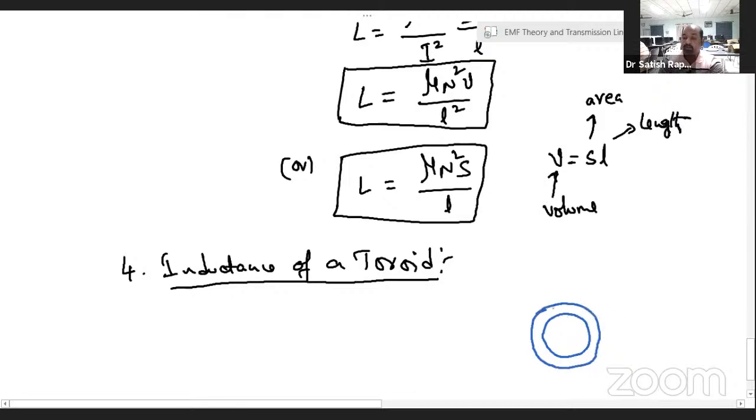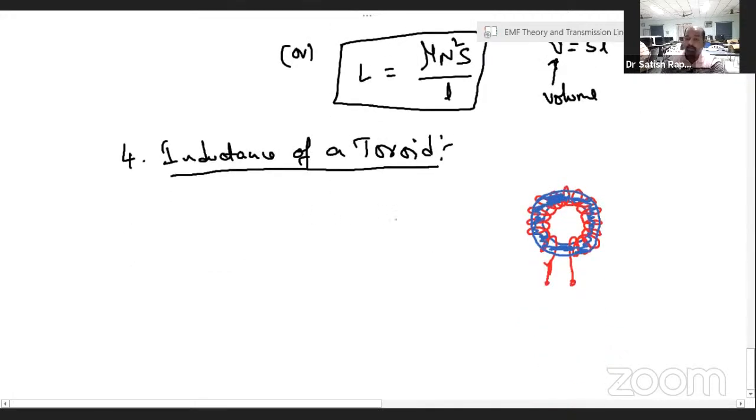so this is a magnetic material, right? So this is all a magnetic material, and wound by a coil like this, as shown, and it is called a toroid, right?